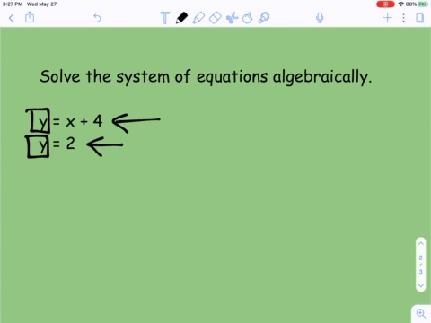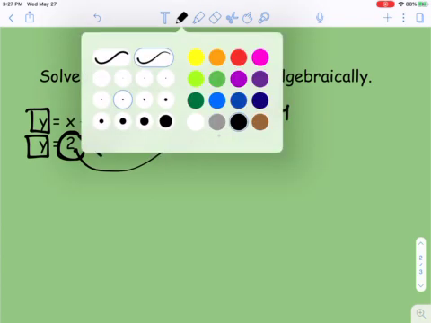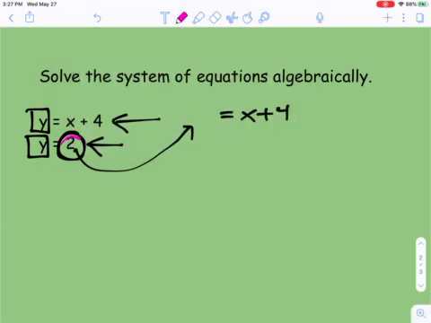What's great about that then is you take one of the equations, y equals x plus 4, and then instead of writing y down, we're going to take what y is here and substitute it in there. So we're going to take out this y and we'll put in, let's do pink, 2.